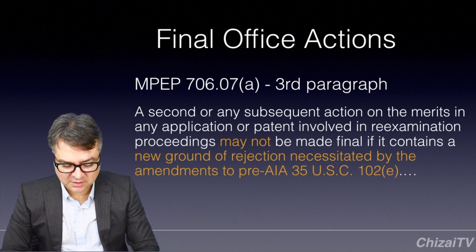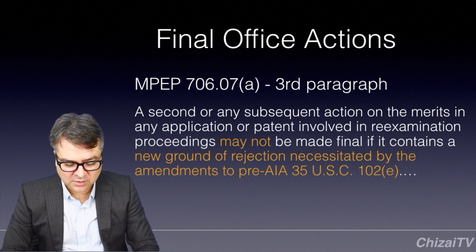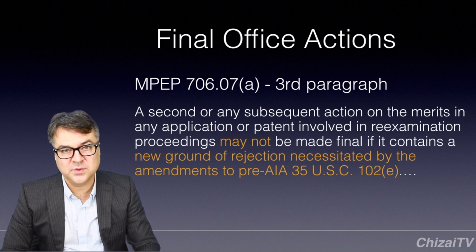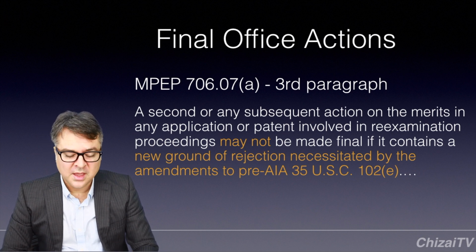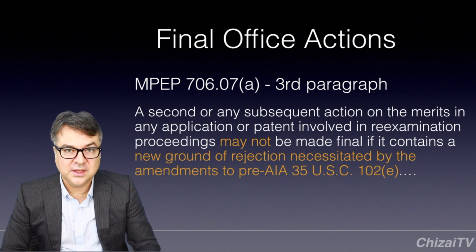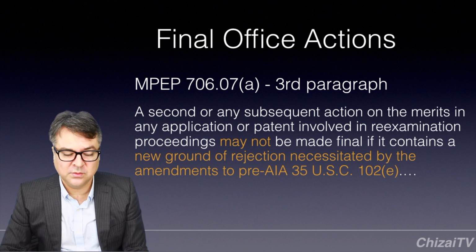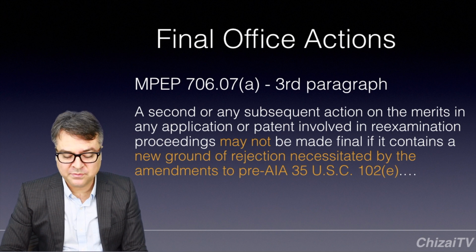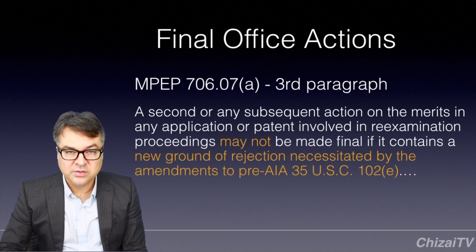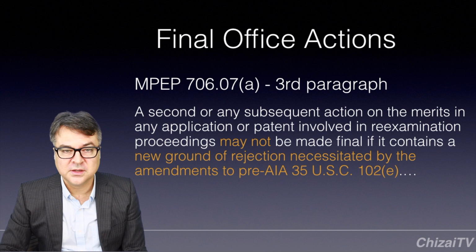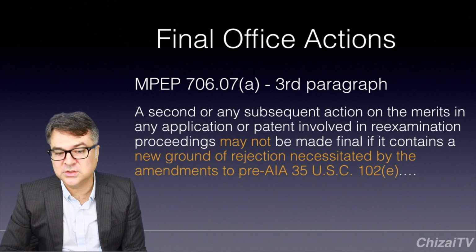It may not be made final if it contains a new ground of rejection necessitated by the amendments to pre-AIA 35 USC 102(e). Now you may remember the 102(e) in the AIA was changed so that the result is there is now more prior art the examiner can use to reject your claims under AIA 102(e).